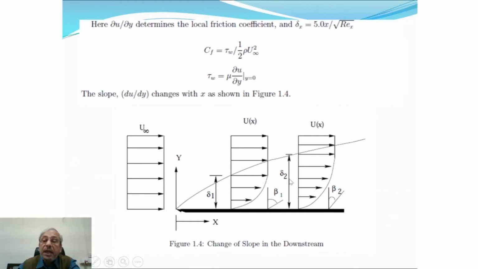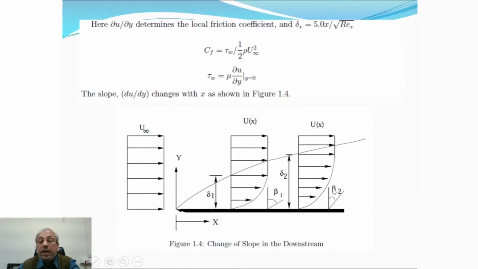Now since delta is increasing, the slope will decrease, and here we can see how the slope changes. Here this is delta, and through this distance velocity is reaching from u to u infinity, and the slope is beta 1, and we will get del u del y some value. From there we will be able to calculate shear stress.